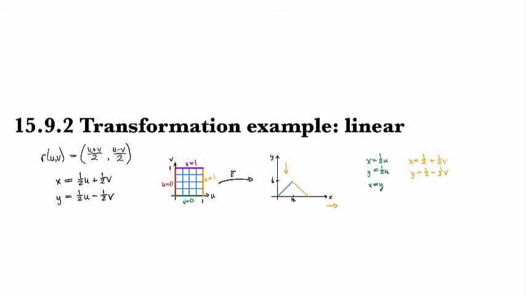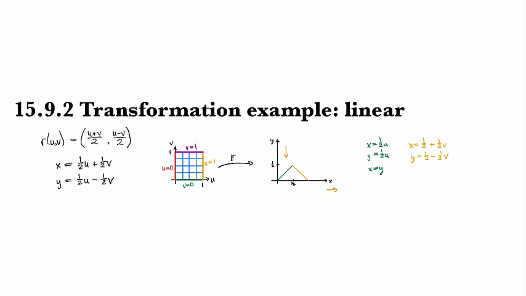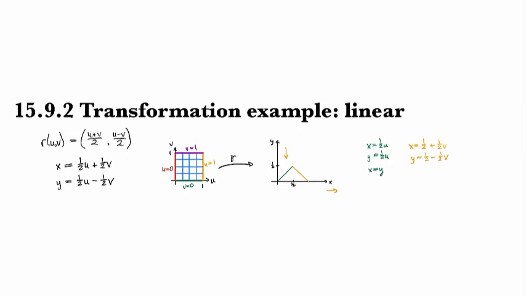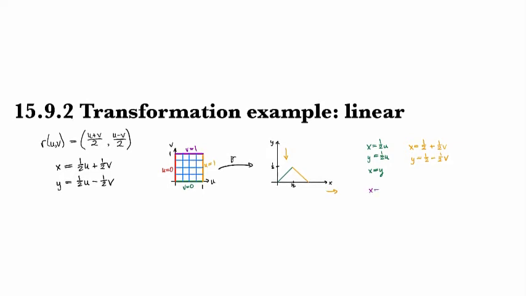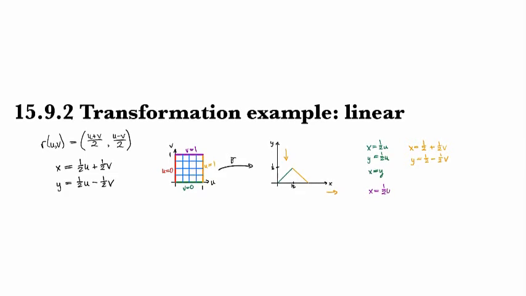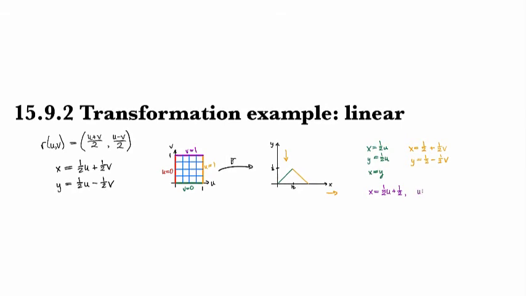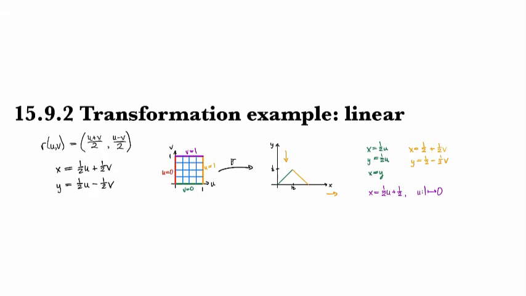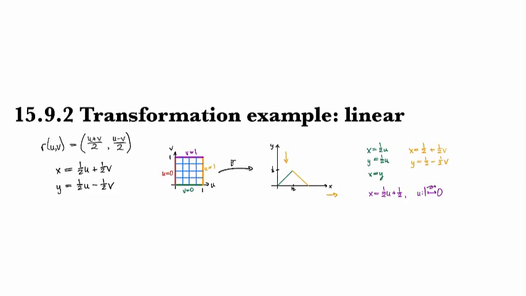Now if we look at the purple one, the purple is where v is equal to 1, and then u is going to be decreasing. So x is going to be 1/2 u plus 1/2, with u going from 1 down to 0. That's not any kind of real notation, just a little note to myself.